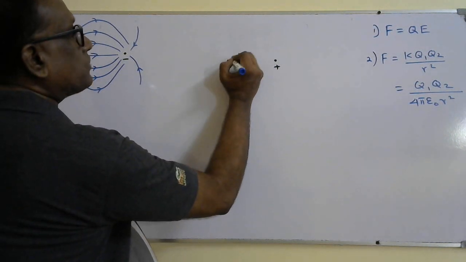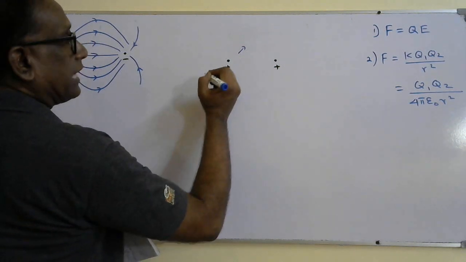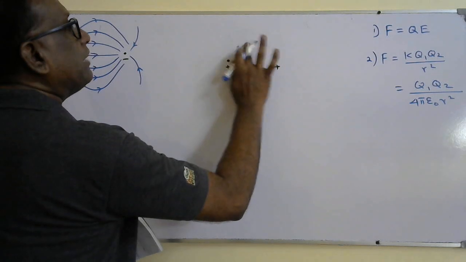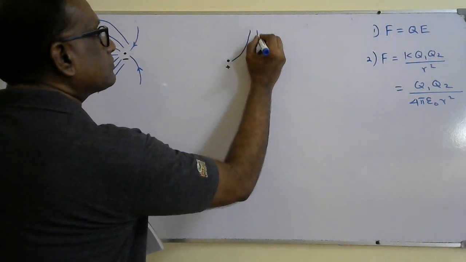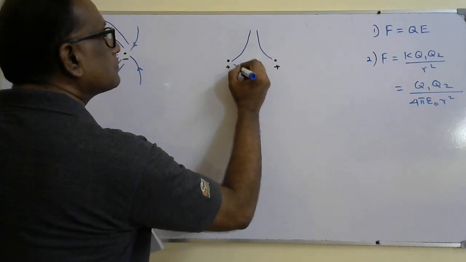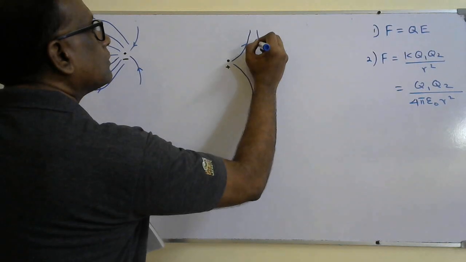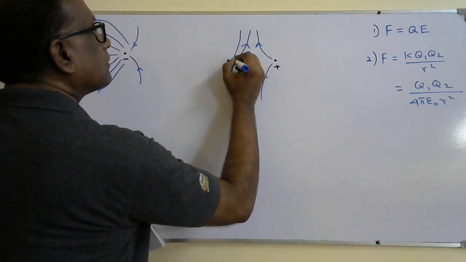But when I consider this one, this will repel this way, this will repel this way. The resultant force I need to consider will be somewhere here. So the resultant field pattern will be something like this. They'll point away from it like this.